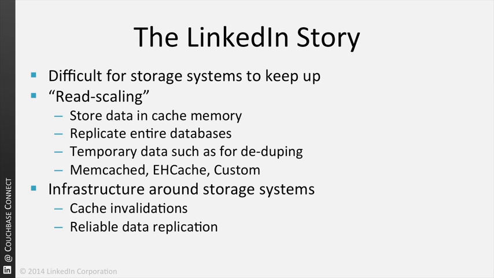We replicated entire databases into memory. We have a bunch of temporary data. So for example, we do a lot of deduping from time to time, and so we need temporary data to do deduping within certain window frames. And we basically had, in the beginning, used a bunch of technologies, memcached, ehcache, and we built custom caches as well.